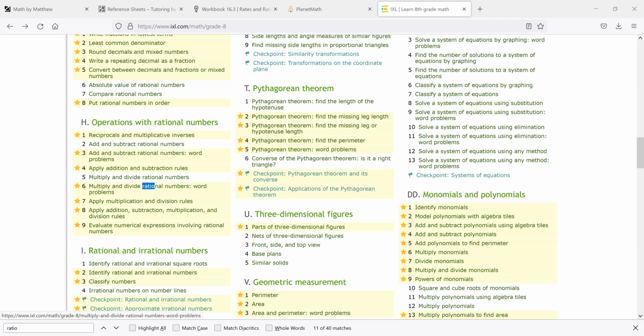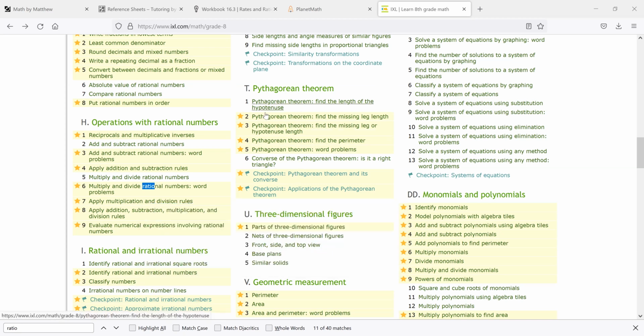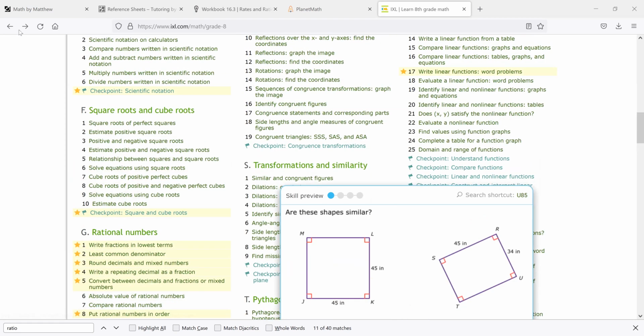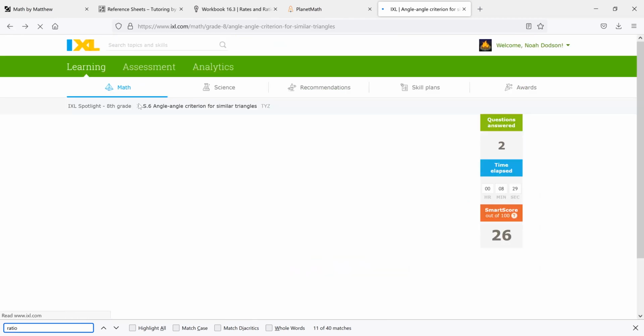Okay, so this isn't clear. It's okay. Let me try something else here. Trying to figure out what the starred ones mean to kind of help here with this.